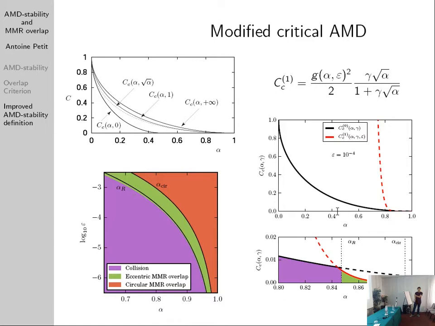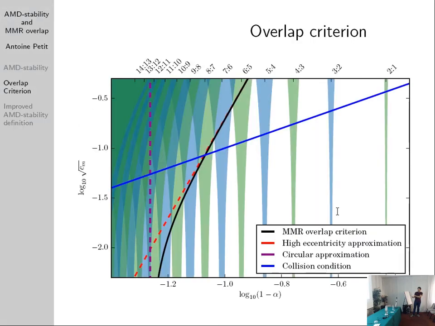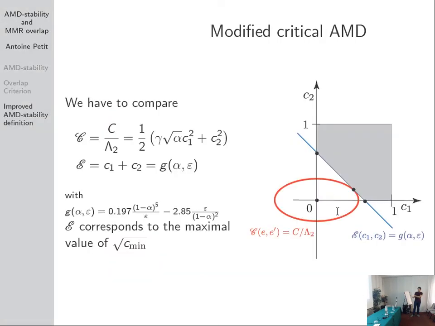I think yes, you could develop an overlap criterion and just use the same framework that we use to derive a critical AMD, but the overlap criterion has to be developed, because as you see, the expression is just plugged directly into the critical AMD definition. So if you just have an expression that you can write in this form, something that depends on the eccentricity on one side and some constant on the other side, the theory holds for basically everything.